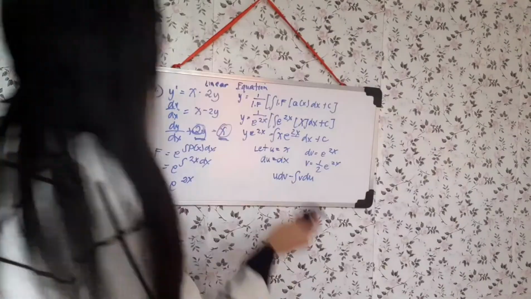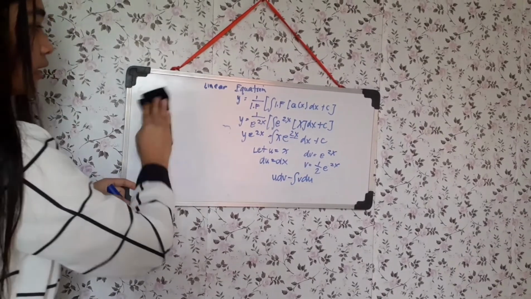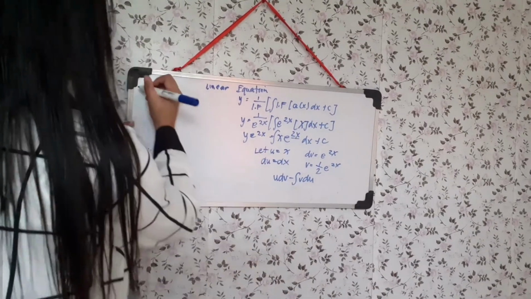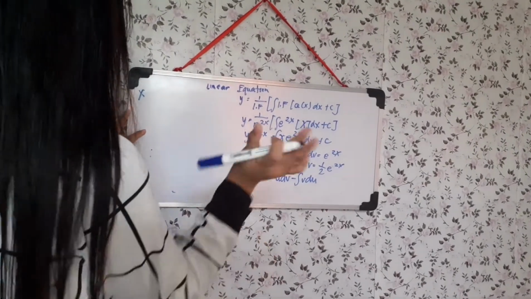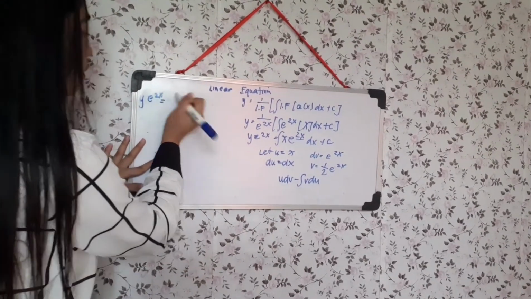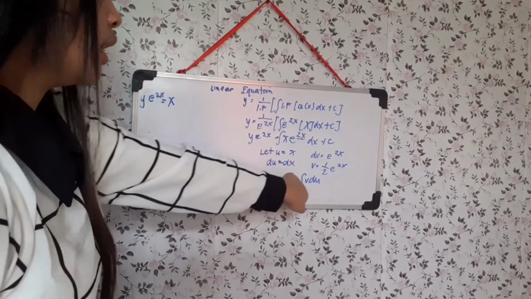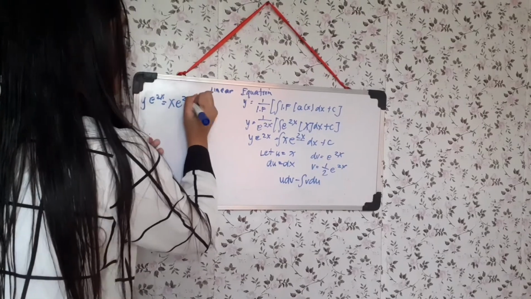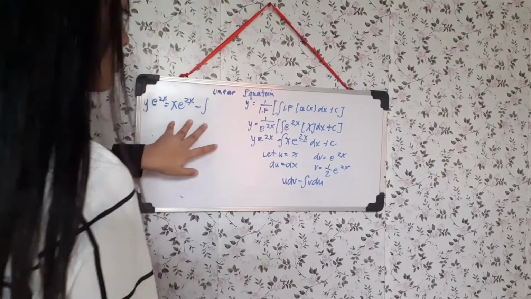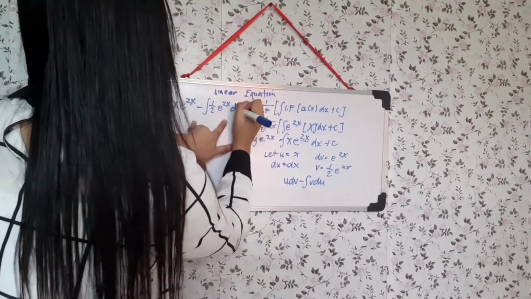Then plug in. So we have y e to the 2x equals u, which is x, times v, which is 1/2 e to the 2x, minus the integral of v, which is 1/2 e to the 2x, du, which is dx.